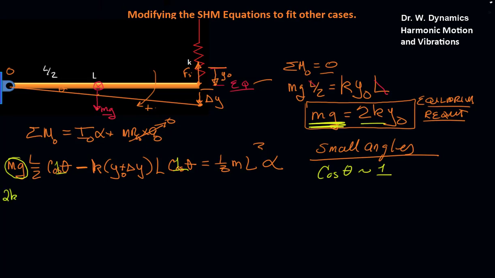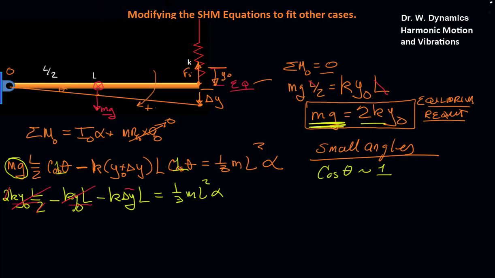So we get 2ky0 relating everything to the spring, minus ky0L minus k delta y L is 1/3 m L squared alpha. And back here these 2's go. And we end up with a ky0L minus a ky0L, and that drops out. And that's not uncommon when we're working with equilibrium conditions. We see things like that a lot.